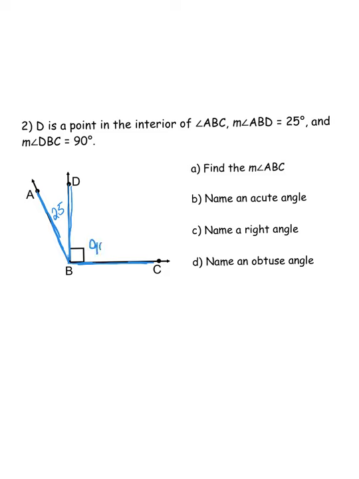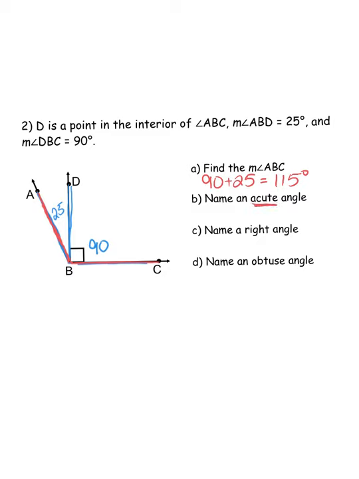And we kind of knew that because there's a box there. It says find the measure of angle ABC. To find the measure of angle ABC, which is from here to here to here, all we're going to do here is add 90 plus 25. And 115, that's how many degrees are in angle ABC.